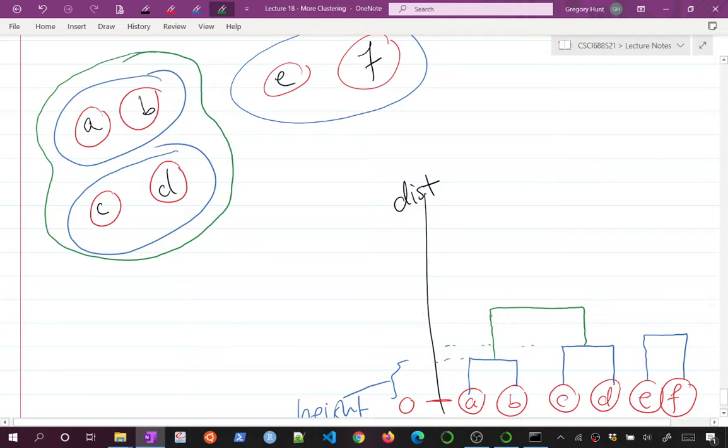So the height of that thing over on my y-axis is basically the distance between these two clusters. The reason people use these three metrics is because the distance between my clusters monotonically is going to increase when I use these things. And so my height here is going to correspond to the distance between these two clusters.